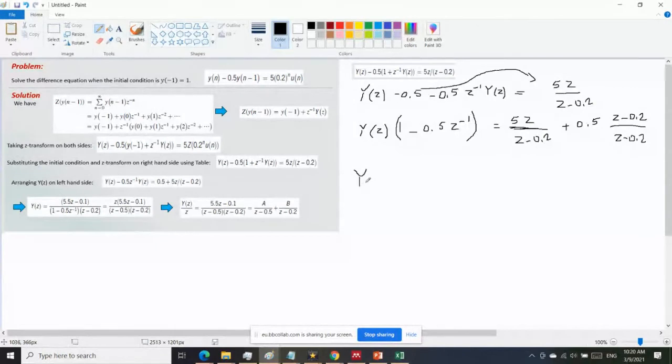So finally we can say that Y(z) is equal to 5z plus 0.5 (z minus 0.2), all of this over z minus 0.2, and we're going to take this to the other side, so it's going to be divided by 1 minus 0.5 z to the power of minus 1. So the goal is basically to isolate Y(z).